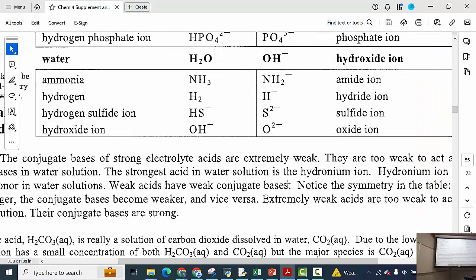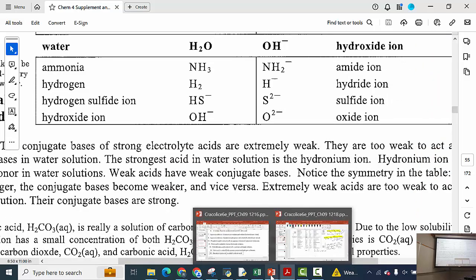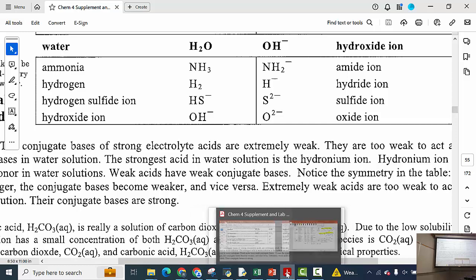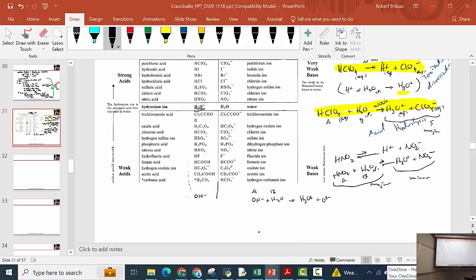In fact, it's pretty much zero. It's so small. And so what we say here is this is too high of a hill to climb. So hydroxide is way down here, hydronium is way up here. Too high.